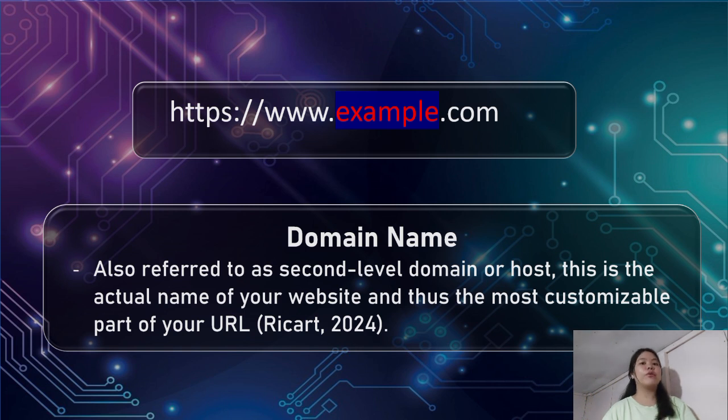Think of it like a name on your storefront. Just like how a physical store has a name, a website has a domain name that identifies it. Like for example, if you have a website sparkle.com, sparkle is the domain name, and it always comes before the .com or other top level domains.